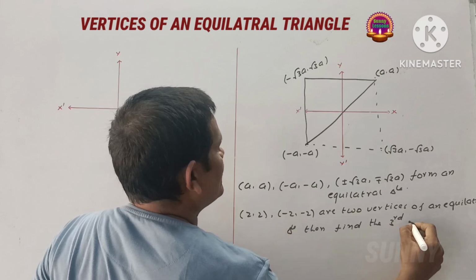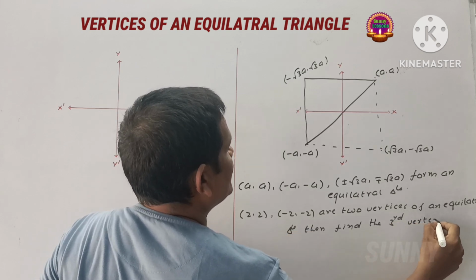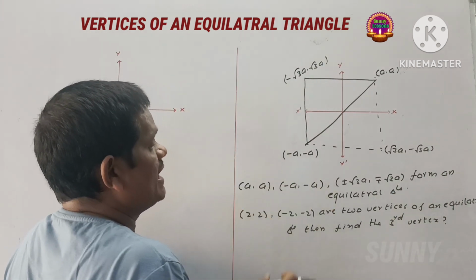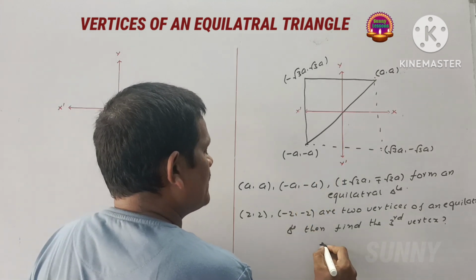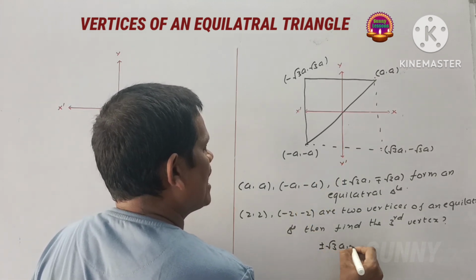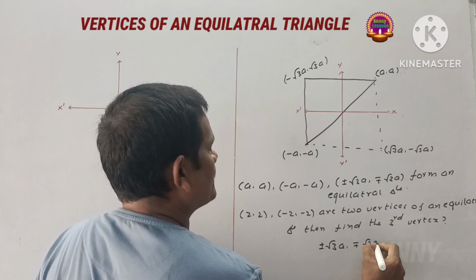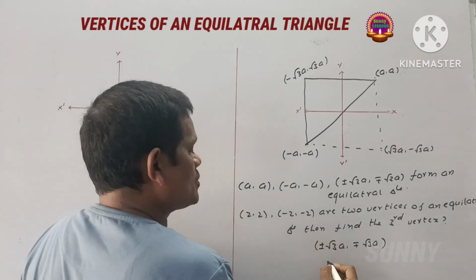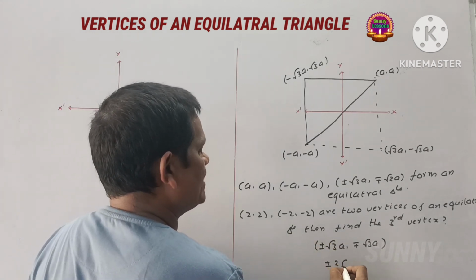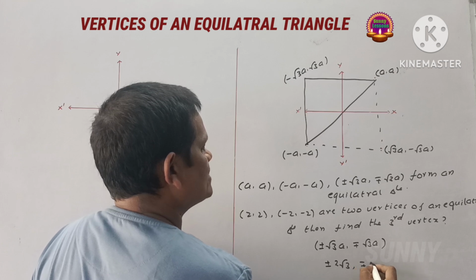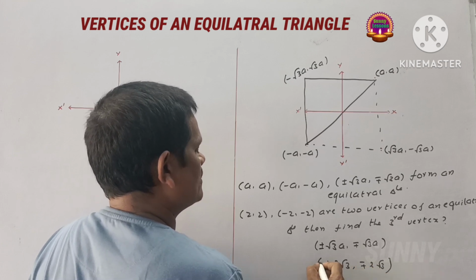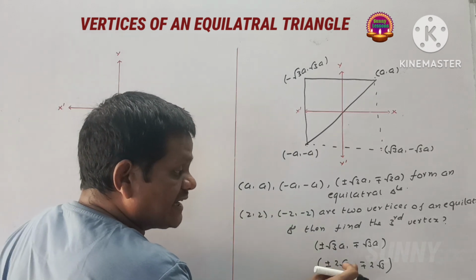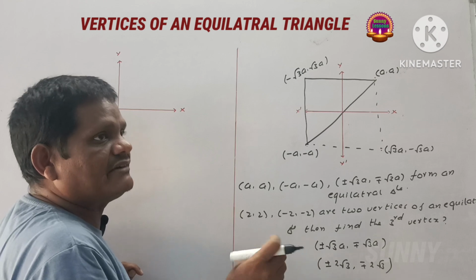Find the third vertex. As (a, a) and (-a, -a) are given, the third vertex is (plus or minus root 3 a, minus or plus root 3 a). Substitute 2 instead of a. So (2 root 3, -2 root 3) is a vertex of the equilateral triangle.